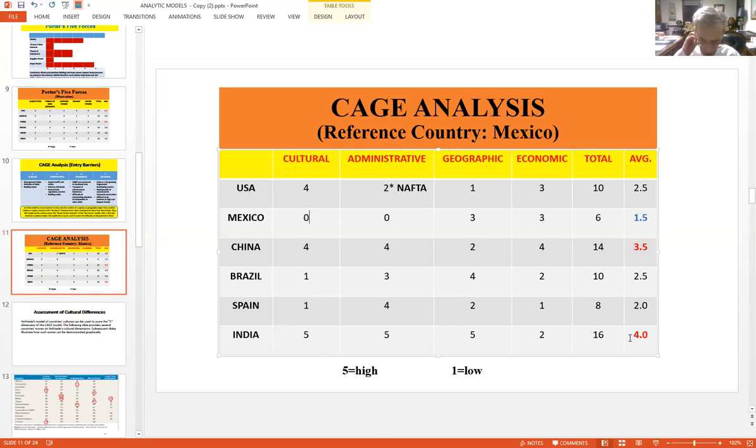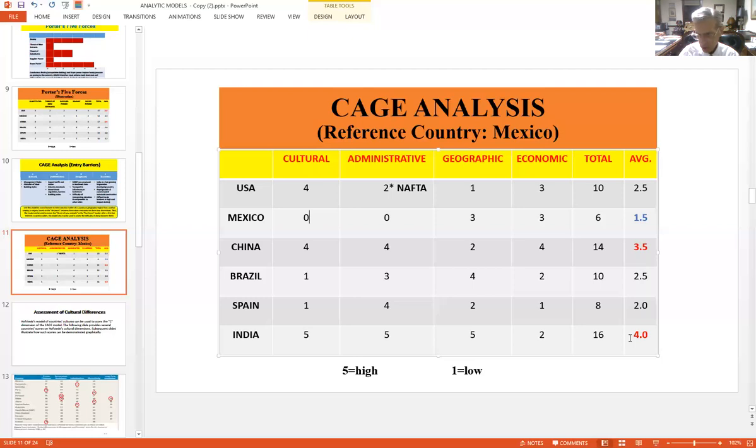Okay, so this means that it's going to be tough to take a building product firm into India. Looks like there are cultural, administrative, and geographic barriers.